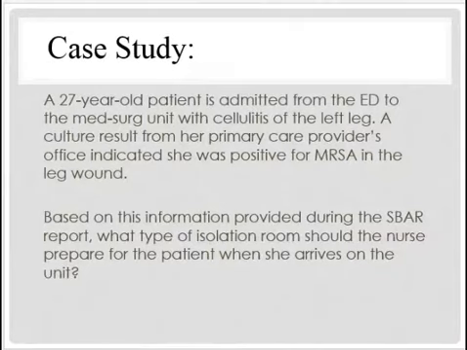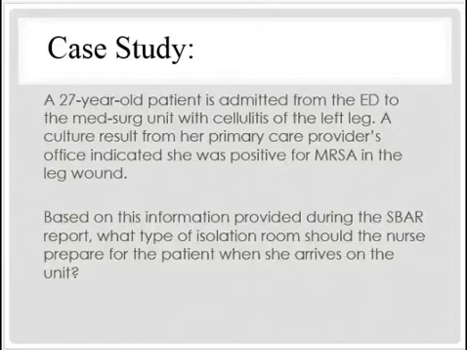Okay, let's do a case study. We have a 27-year-old patient who is admitted from the ED to the med-surg unit with cellulitis of the left leg. A culture result from her primary care provider's office indicated she was positive for MRSA in the leg wound.